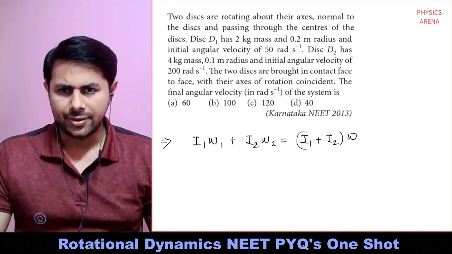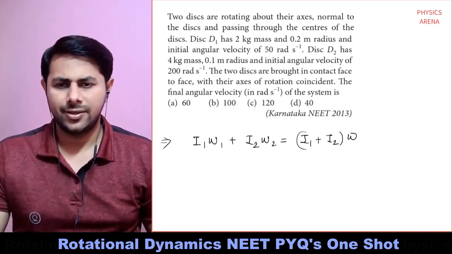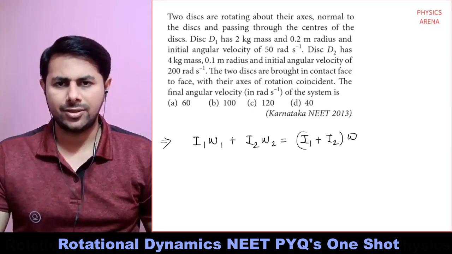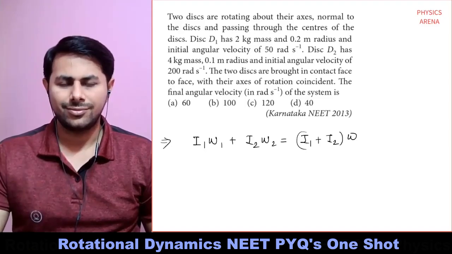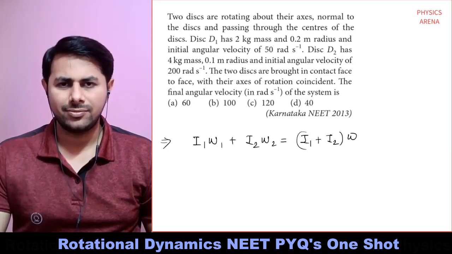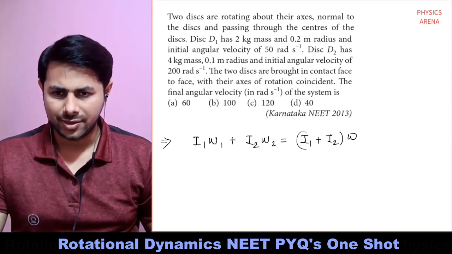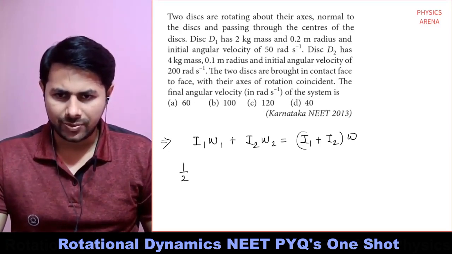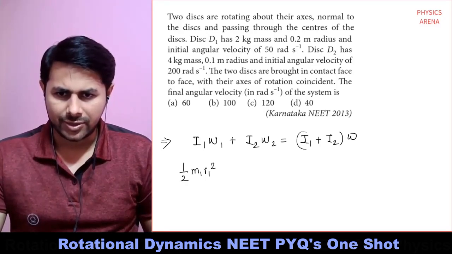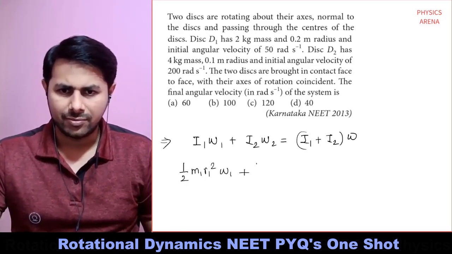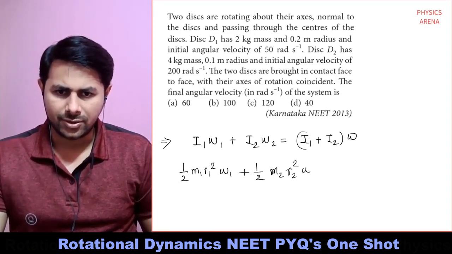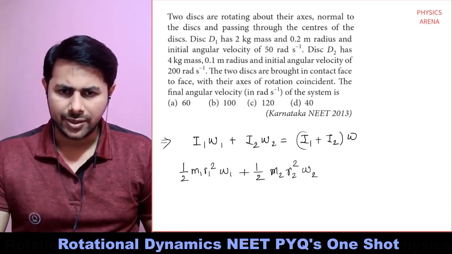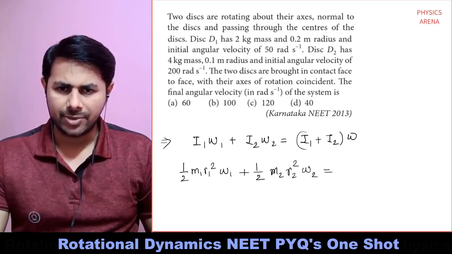Then these are disks. What's the formula for the moment of inertia about an axis passing through the center of mass? It is half of m r square. So it is half of m1 r1 square omega 1 plus half of m2 r2 square omega 2, equal to I1 plus I2.